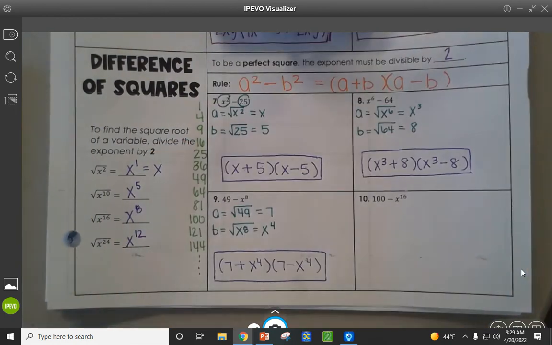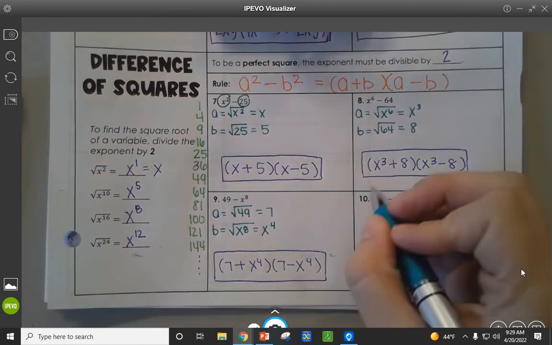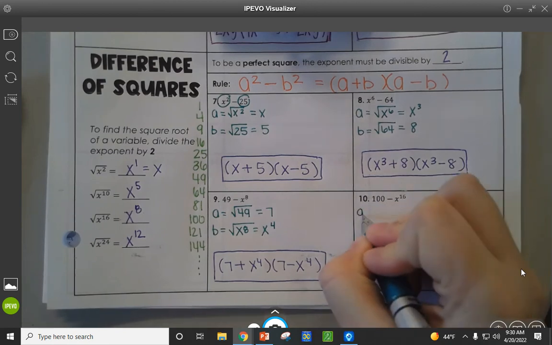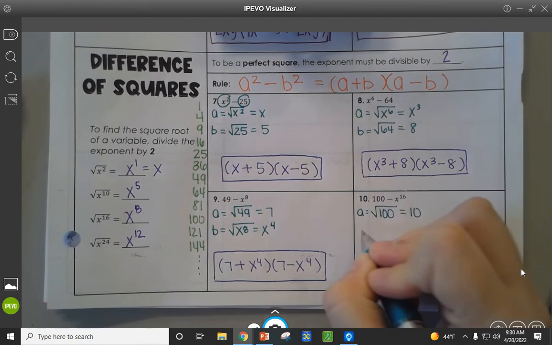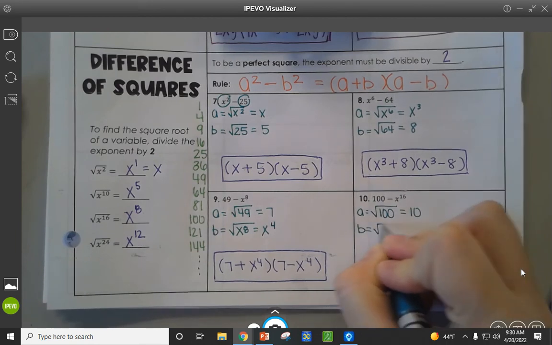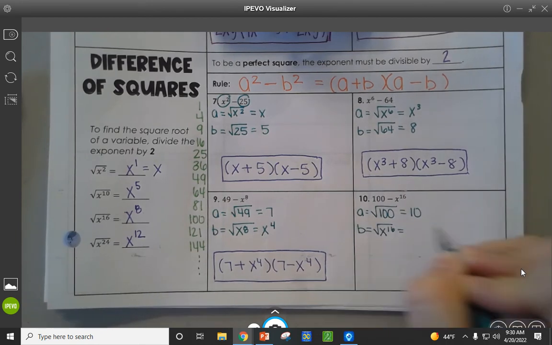All right, number 10. Do we have a difference? Yes. Is there a subtraction sign? Yes. Do we have 2 perfect squares? Yes. So A is the square root of 100, which is 10. B is the square root of x to the 16th, which is?